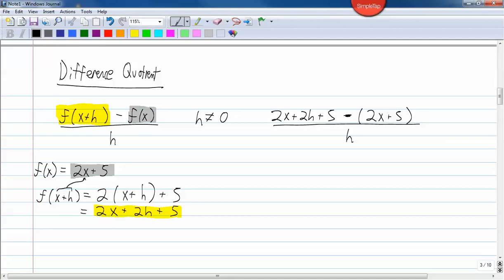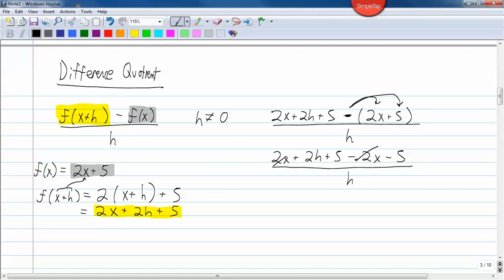Okay, so let's distribute this negative sign, and I have 2x plus 2h plus 5 minus 2x minus 5 all over h. Alright, now notice that if I look for like terms, I have a positive 2x and a negative 2x.